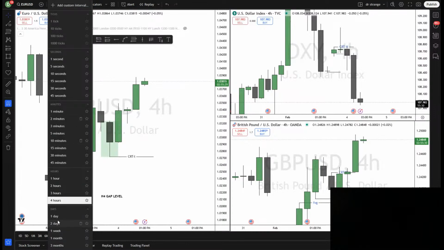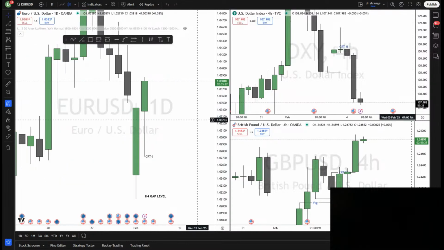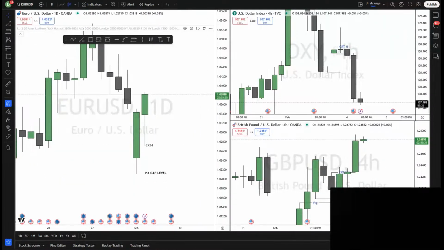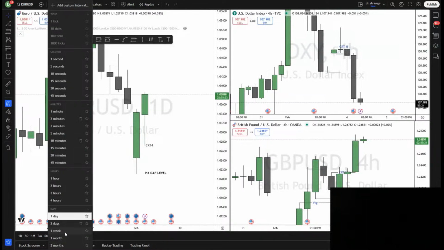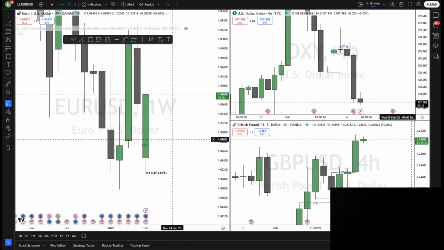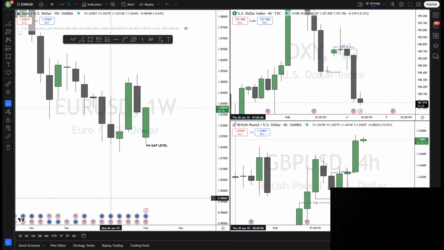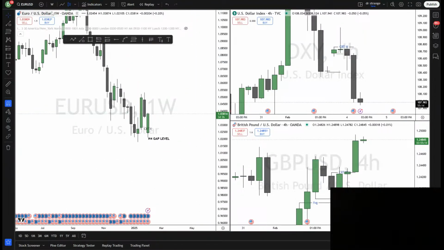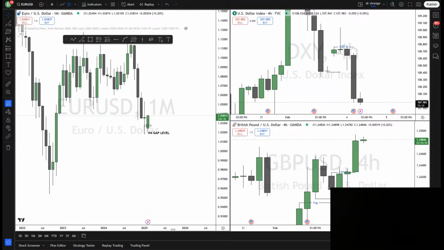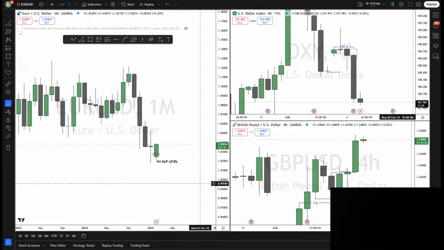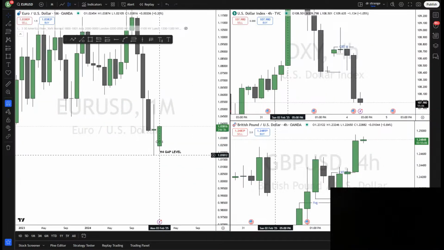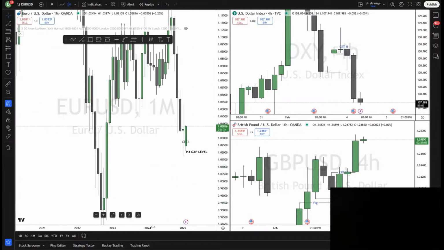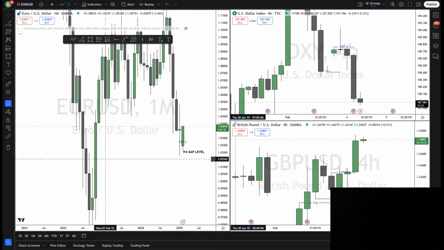Let me begin anyway. Based on CRT, since we are CRT traders, this week we have bullish price action. Why do you think so? On a monthly basis, this is what really happened last month. We have a fair value gap right here.